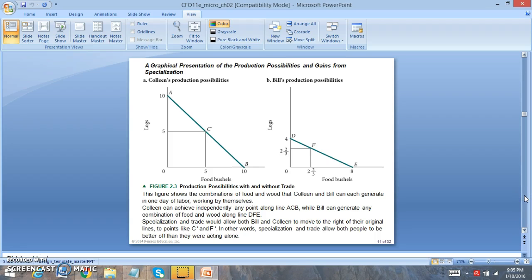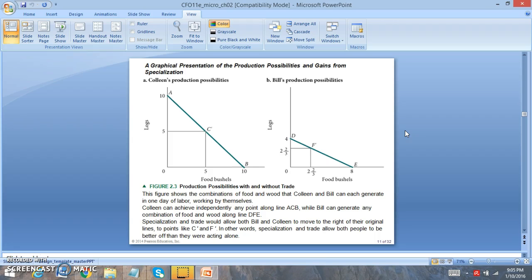Now, when we look at this example right here, you've got Colleen and Bill. You'll notice that they both produce logs and food. But if you look here, Colleen is able to produce more logs compared to Bill, and Colleen can also produce more food compared to Bill as well. That means Colleen has the absolute advantage in both the production of logs and food.